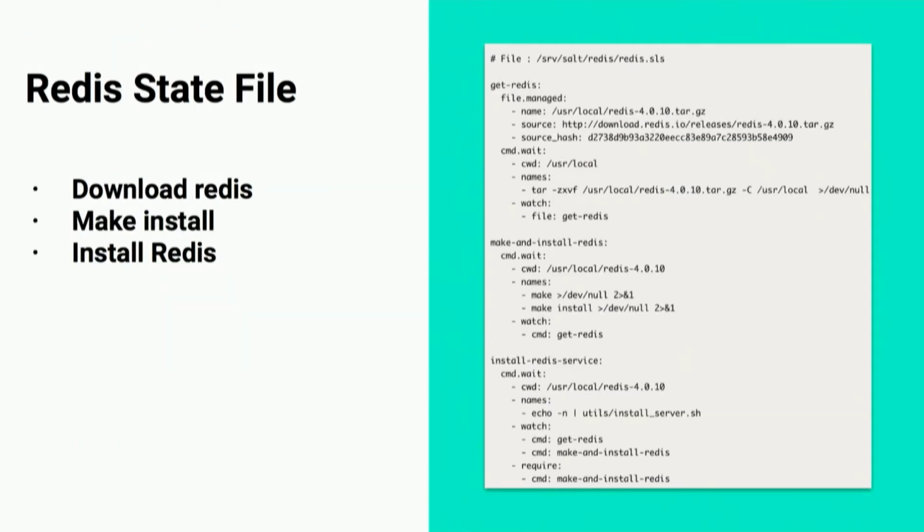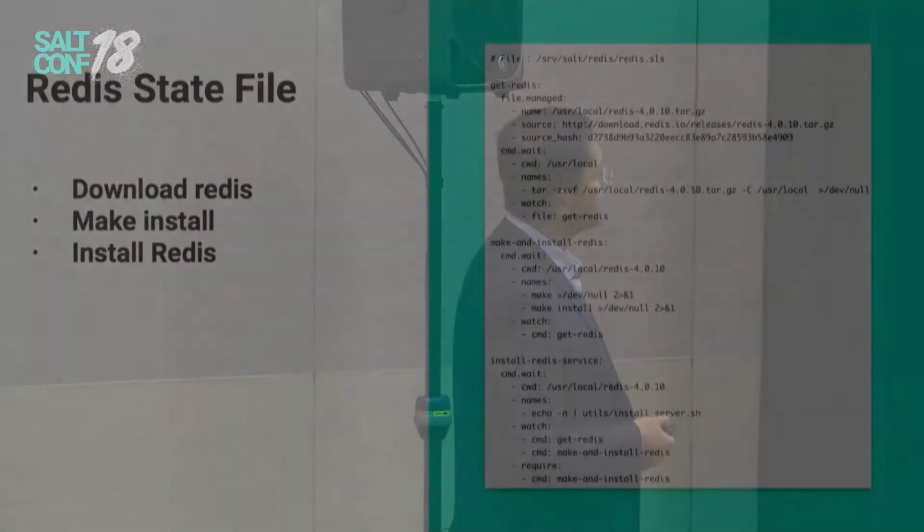So in this case, I have a simple Redis state file. All it's doing is downloading Redis, you make, and you finally install it. And I could have actually used Jinja templates. I realized it today, but I wanted to express, from a visual perspective, like from an operations team, I want to deploy 4.0.10, right?